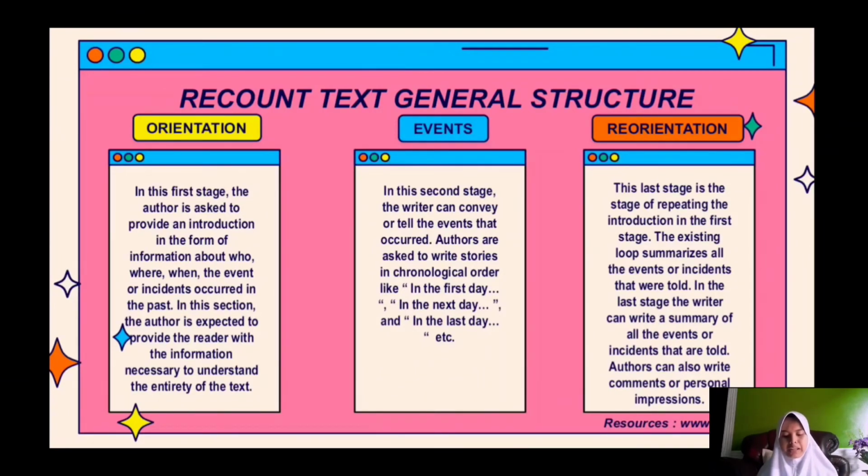Authors can also write comments or personal impression. It can be seen in the example of the reorientation. The text is a conclusion, and in the reorientation text, authors can also write comments and personal impression.